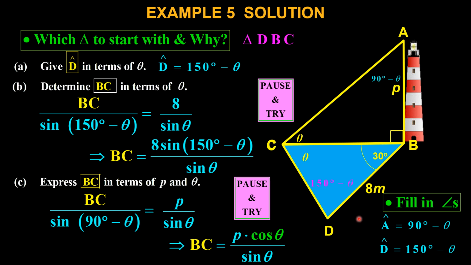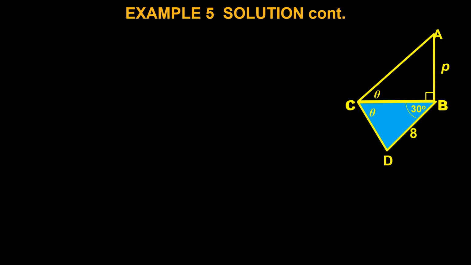So there we calculated BC in two ways. BC from this triangle and BC from that triangle. Okay, and we're going to use it to answer the next question. There's our given diagram.